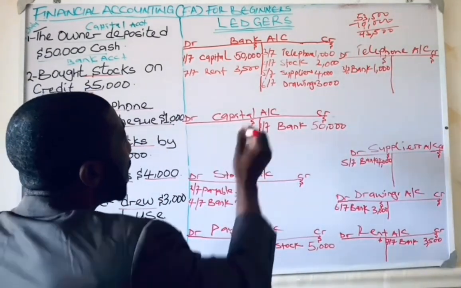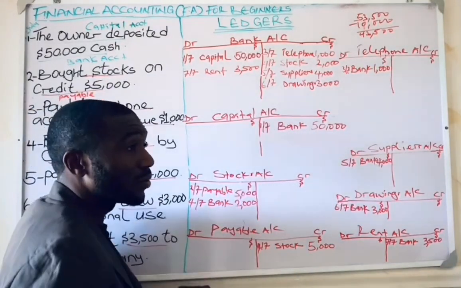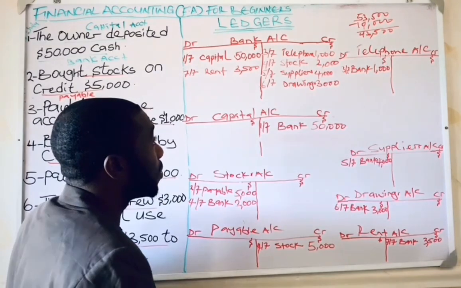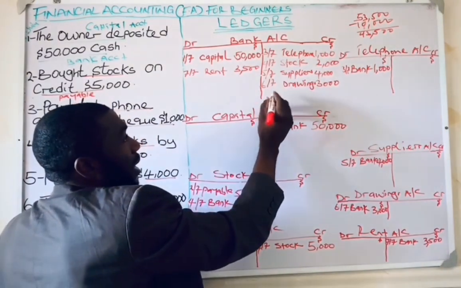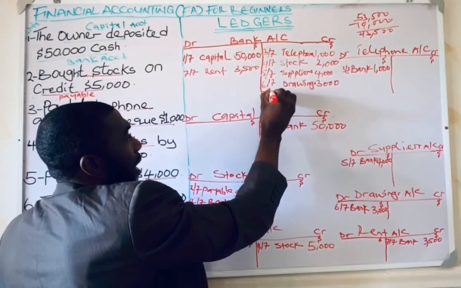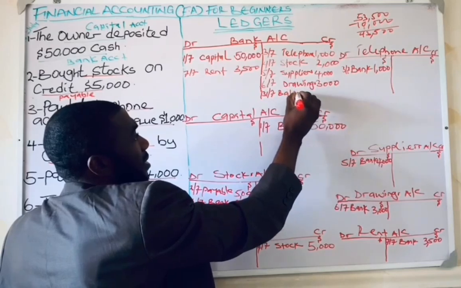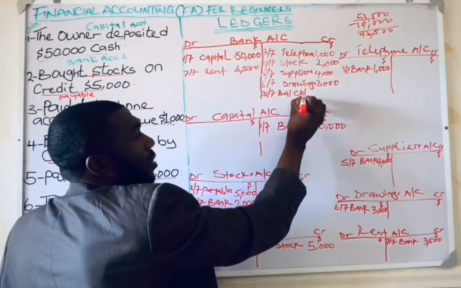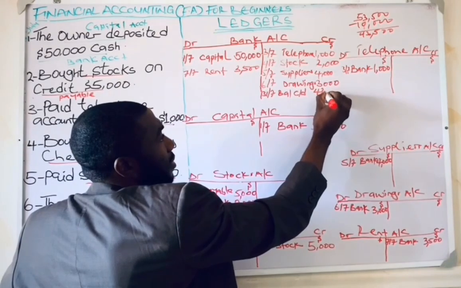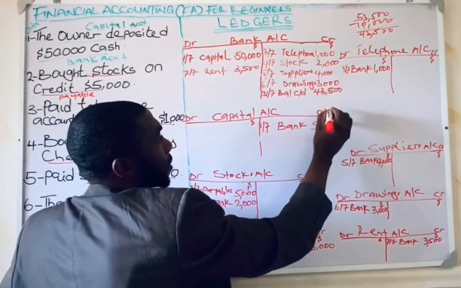So now your 43,500 is called balance carried down in accounting. You see, at the end of July, which is the 31st of July, your balance carried down is 43,500.